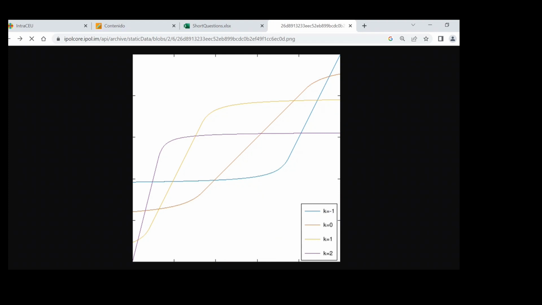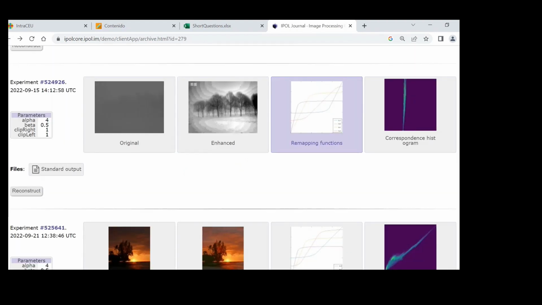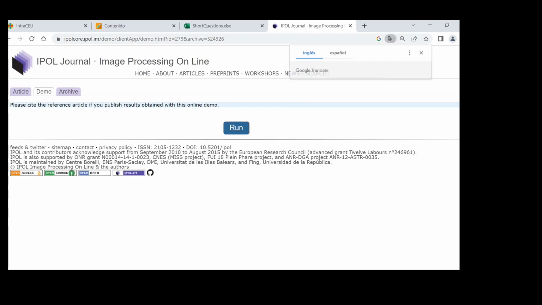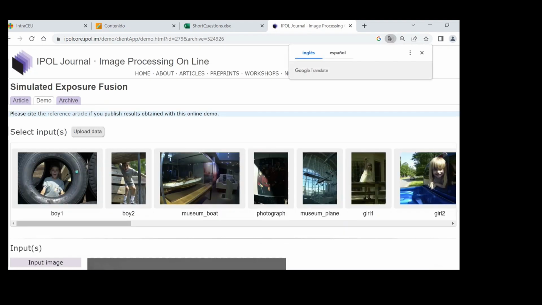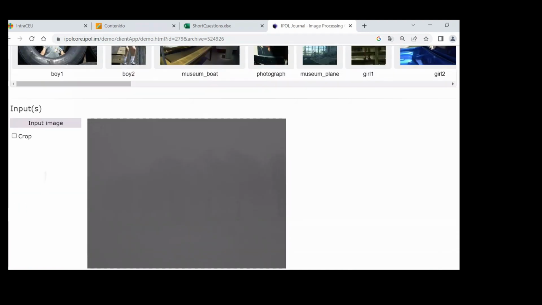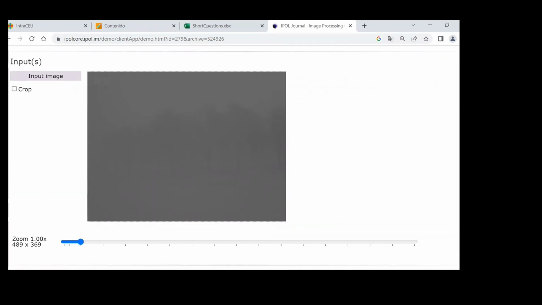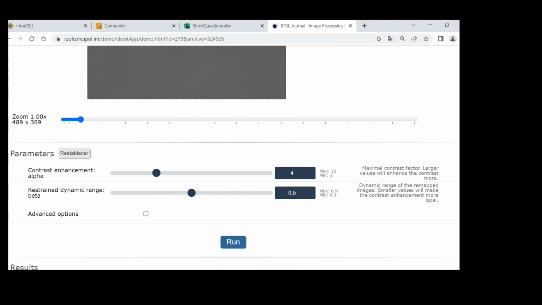And if you want to play with it, you can simply reconstruct this example. The input is this one, and then you can play with the parameters and contrast enhancement alpha. What is alpha? If you want to understand what alpha is, you have to go to the paper. We will go to the paper in a minute.